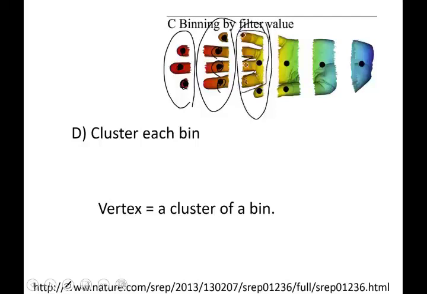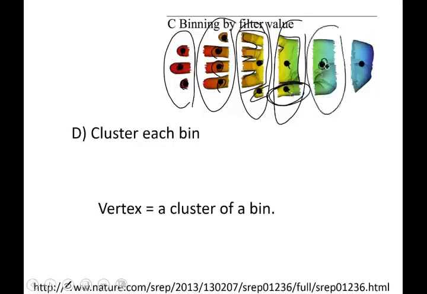This component right here gets a vertex, and this component right here gets a vertex. Similarly, in this bin, we have two connected components. It might look like these connect up, but in 3 dimensions, this one right here is a separate component, so it gets its own vertex. And one component in this bin and one component in this bin, so just one vertex.